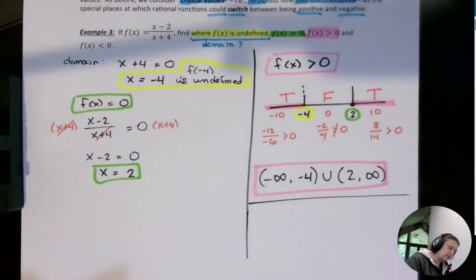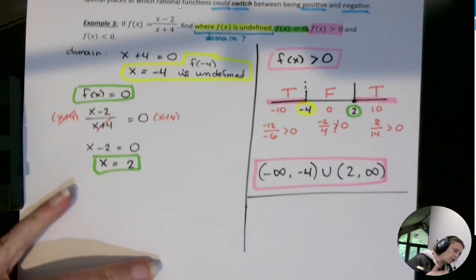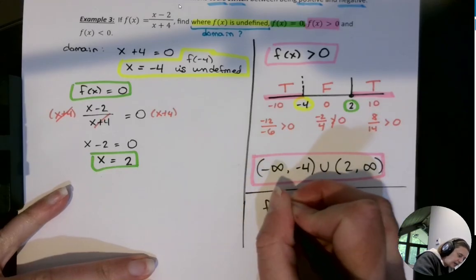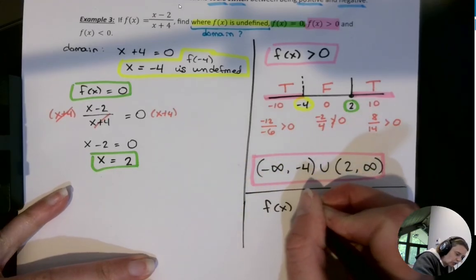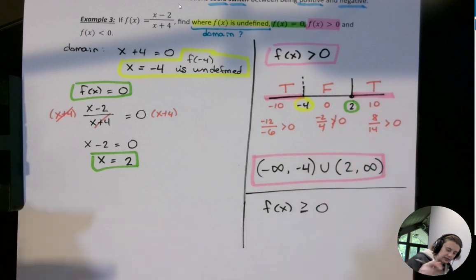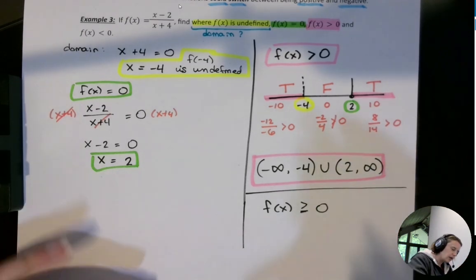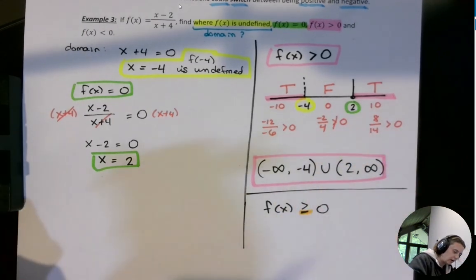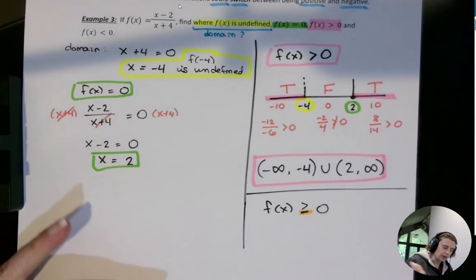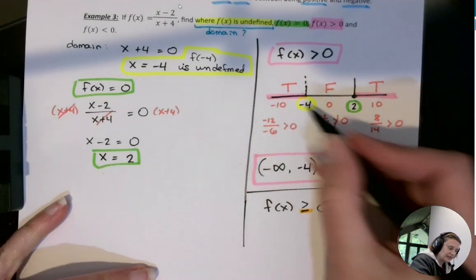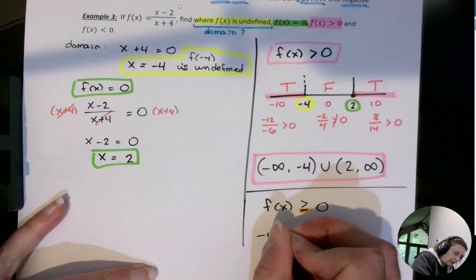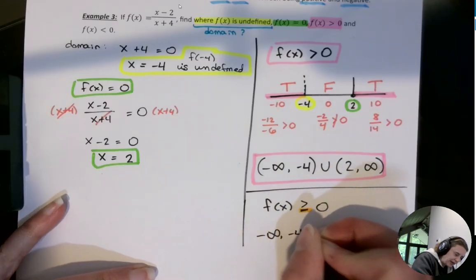for f of x greater than 0. If instead I was asked for f of x greater or equal to 0, how would that change it? So if I had an equal bar here underneath the inequality, all of this would be the same, but my interval would go from negative infinity up to negative 4.